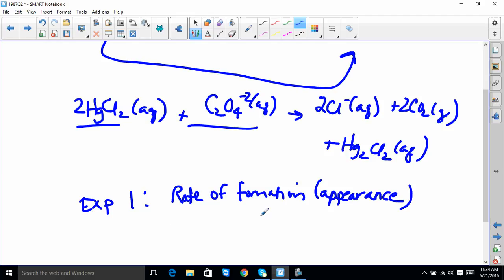Well, they told you that the rate of appearance of Cl minus was 5.20 times 10 to the negative fifth molarity per second.